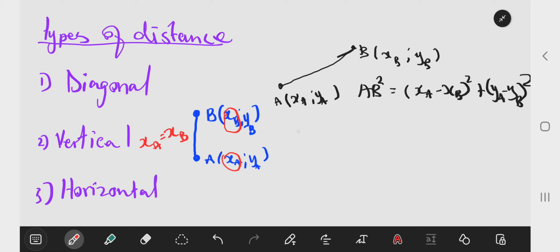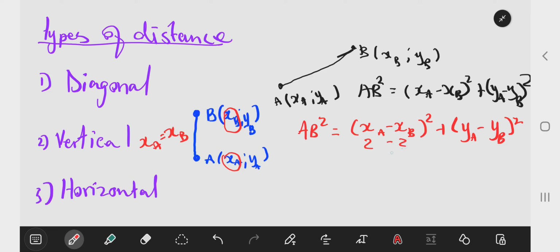So as we calculate, our distance formula will say AB squared is equal to x of A minus x of B, squared, plus y of A minus y of B, squared. What we have just said is that x of A equals x of B, right? So if we put into this formula x of A and x of B being equal, it means things that are the same, when you minus them, cancel each other, right? If they are the same, let's say it's 2 minus 2, these are the same. So at the end of the day the answer will be 0, and 0 squared is still 0.